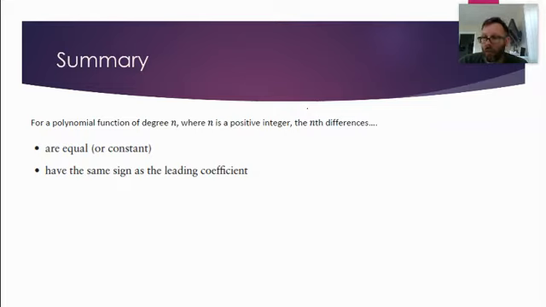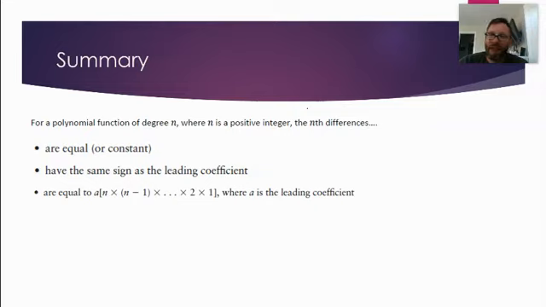And a rule for determining the value of those differences is the following. The nth differences are equal to a, the leading coefficient, times n times n minus 1 times n minus 2, all the way down to 1, depending on what the degree n is. Those of you who have taken data management will likely know a simpler expression for this.